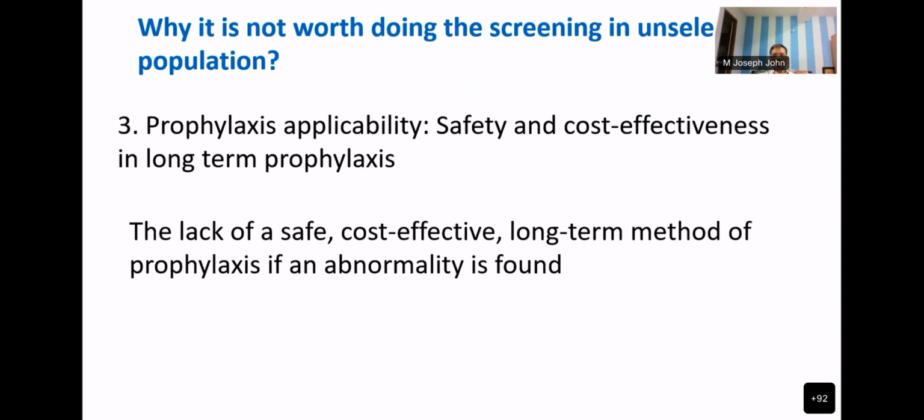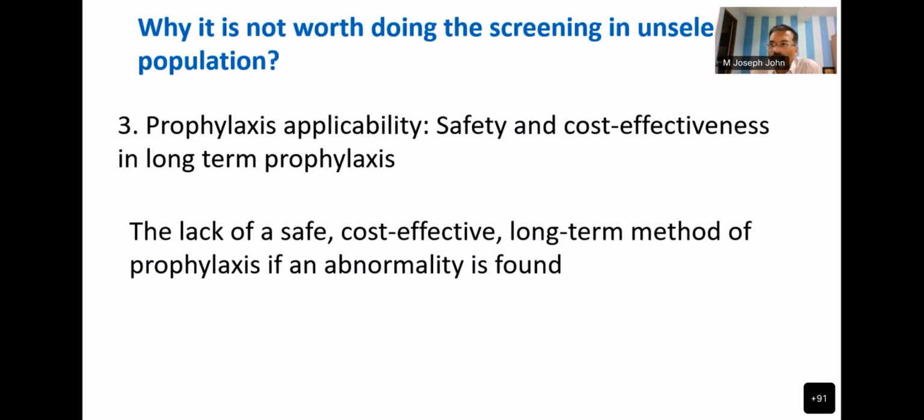There is no prophylactic applicability even if somebody who has not had thrombosis has been diagnosed with thrombophilia. Therefore, it is not useful to do this as a general health checkup to decide whether to give thromboprophylaxis before a flight or pregnancy. So we can argue, okay, what if I know that this person has a mutation?